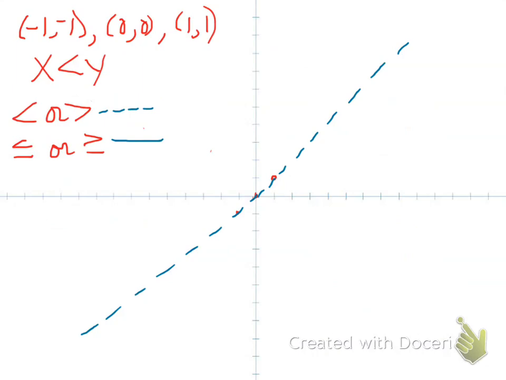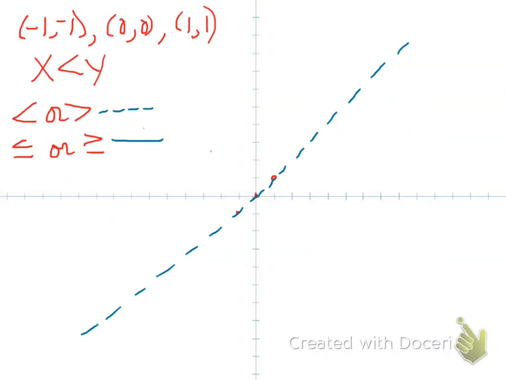And then the second step is to use a checkpoint so that we can do the third step, which is to do our shading. Now, checkpoints are just something that you choose to substitute back into the original inequality to see whether or not it's true. It can be any checkpoint.